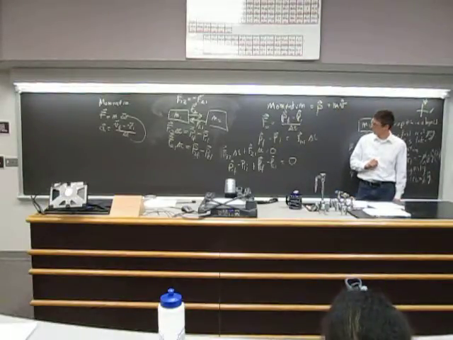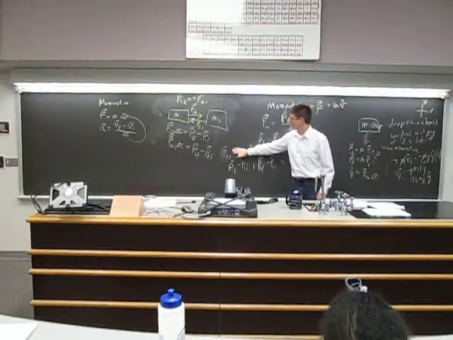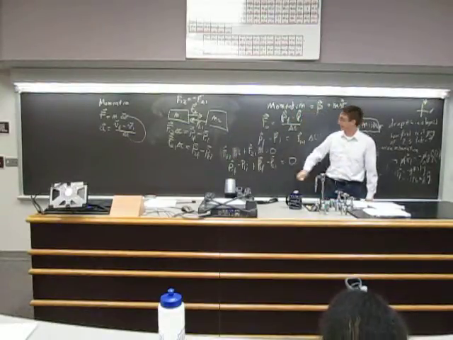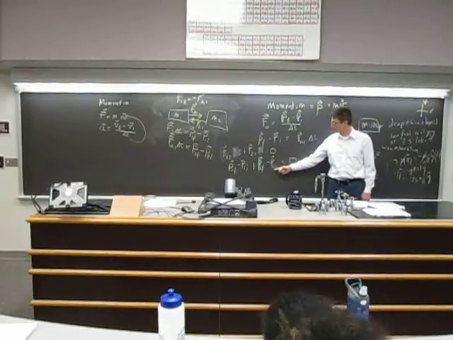Wait, why didn't you leave out the time? Yes, I could divide through this by a delta t, right? So that's the same. And then I just plug that in here.